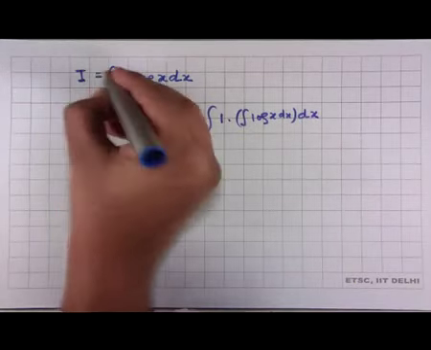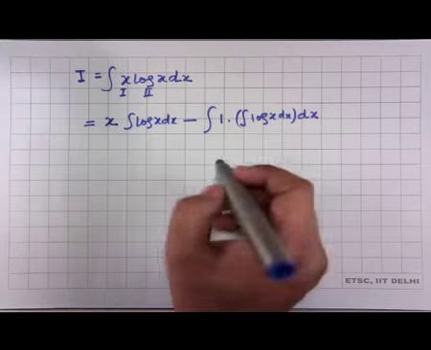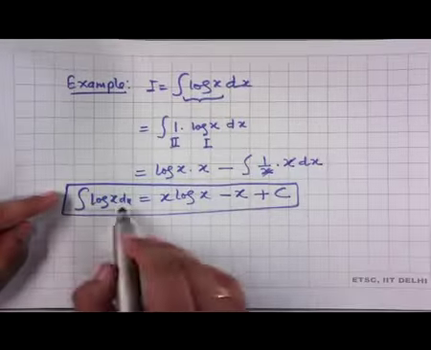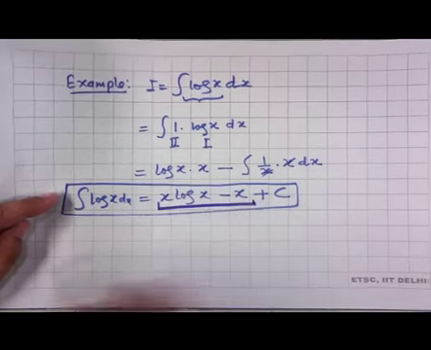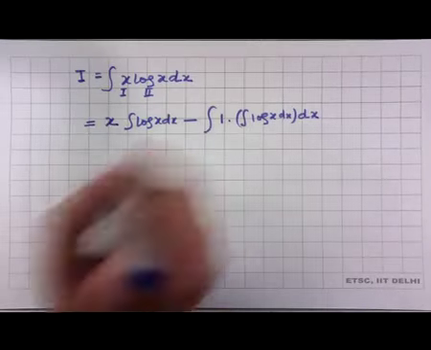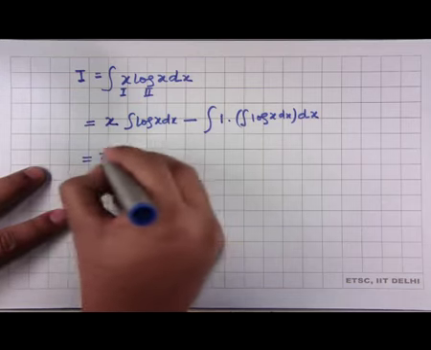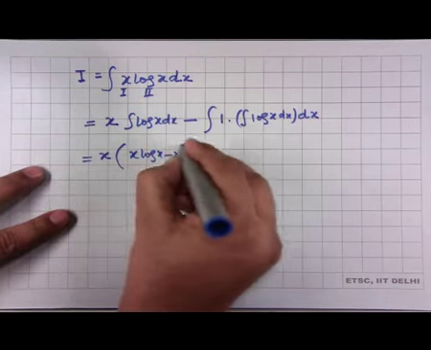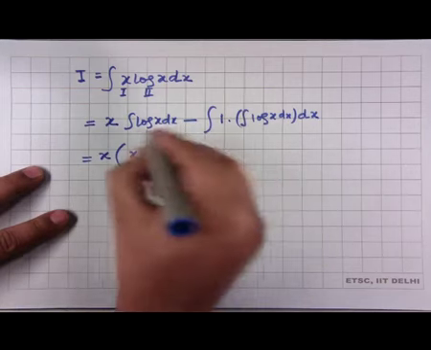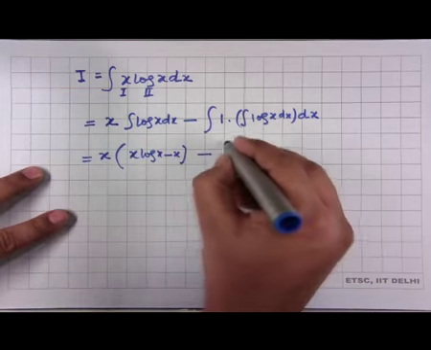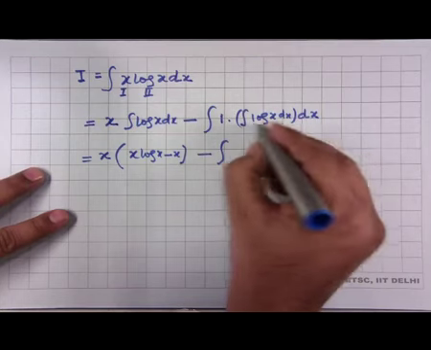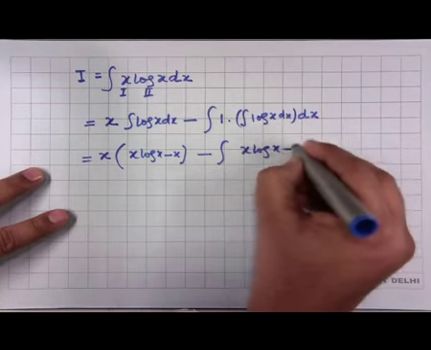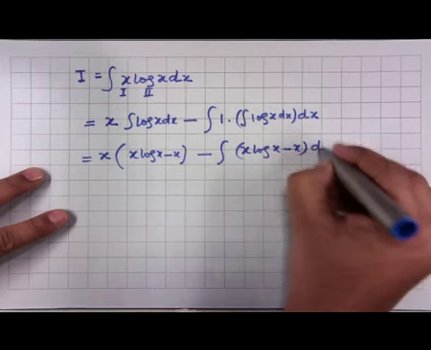Call this entire thing I. So, the integration of log x, I now know, is x log x minus x. So, I can substitute this value here. What I will get now is x times (x log x minus x), as I told you earlier that the constant we can ignore at this stage. The integration of log x is replaced by x log x minus x, dx.